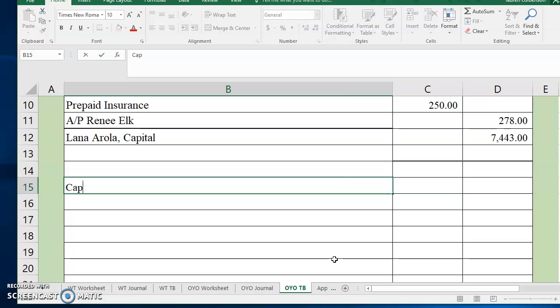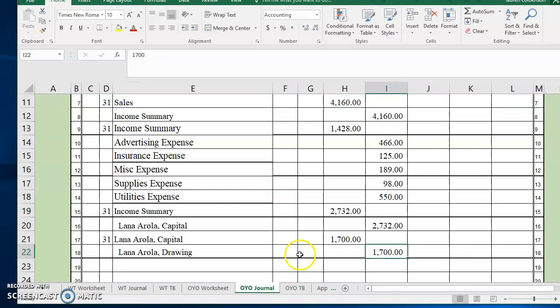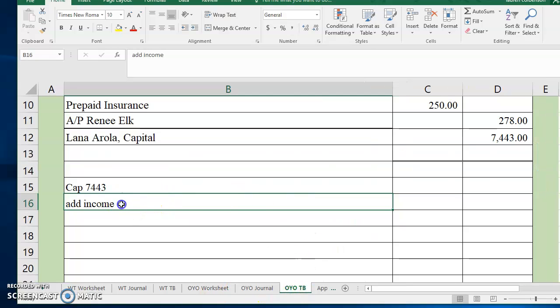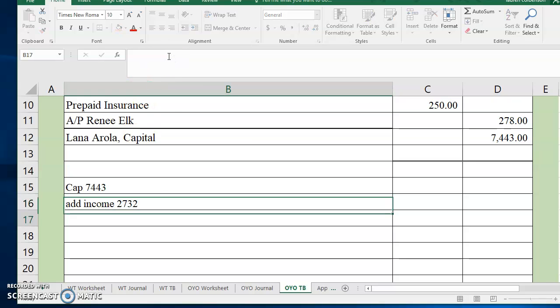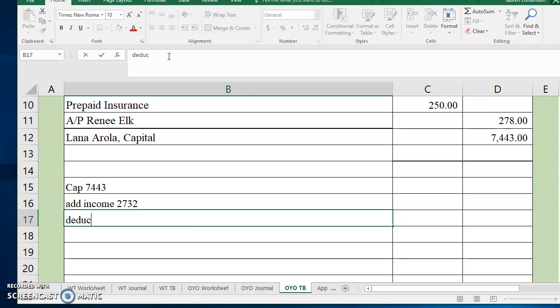Now, the capital account, I'm going to type down here so you can see. So our capital account was $7,443. But remember, we get to add in her income for the period. What was her net income for the period? $2,732. So we get to add in her net income of $2,732, but then we have to deduct the drawing of $1,700.